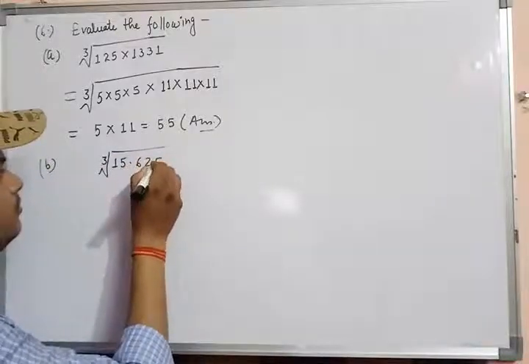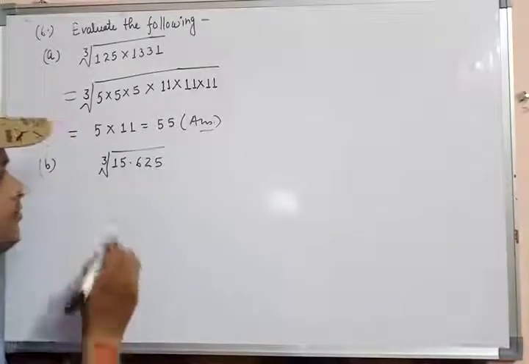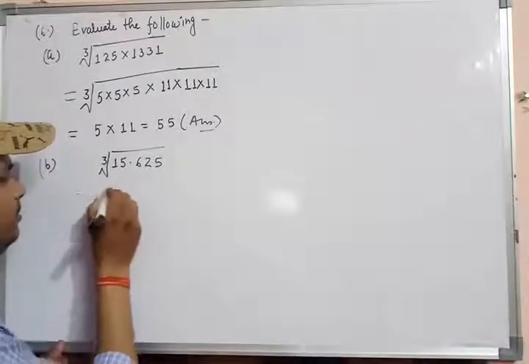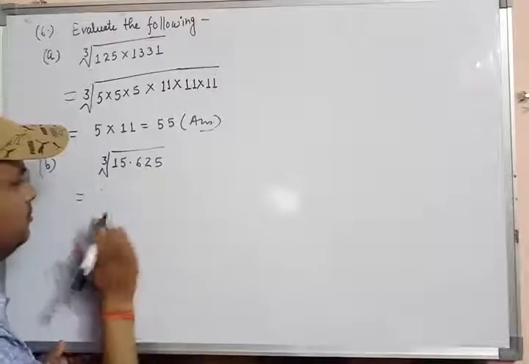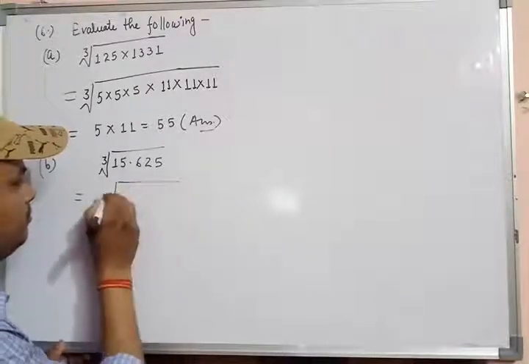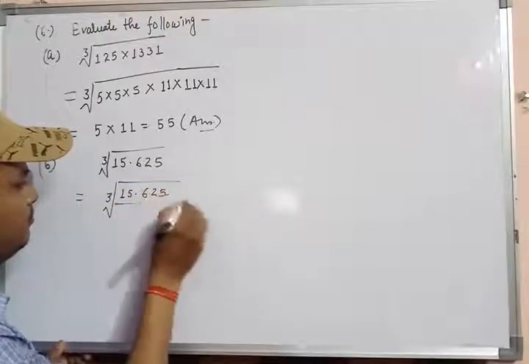Question number B is 15.625. So student, this is a decimal number of which you have to find the cube root. So first of all you have to remove the decimal like this.